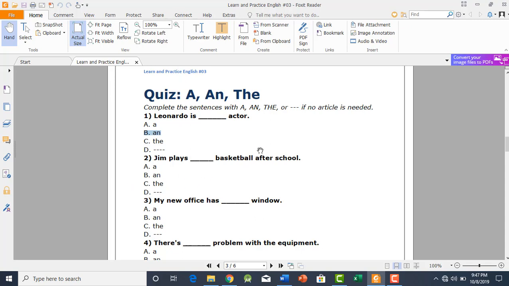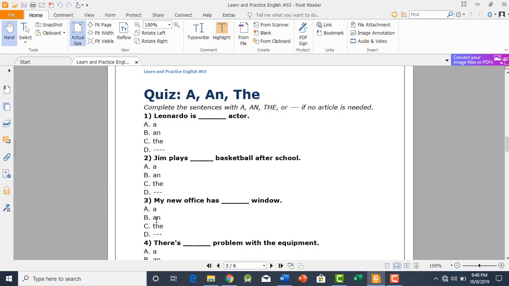But there is no specific situation in the sentence, so there is no need of articles. In some situations there is no need of articles, and in those situations you do not have to use them.